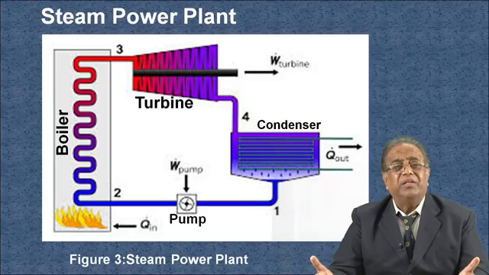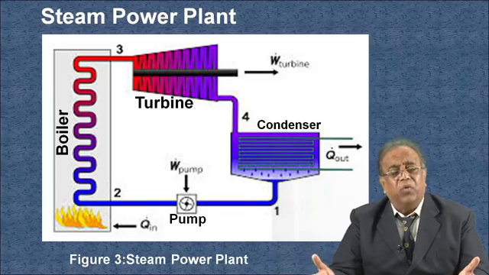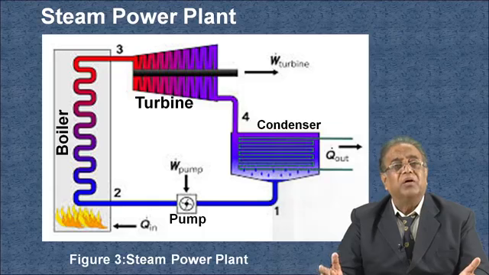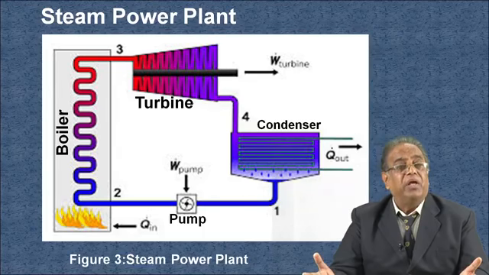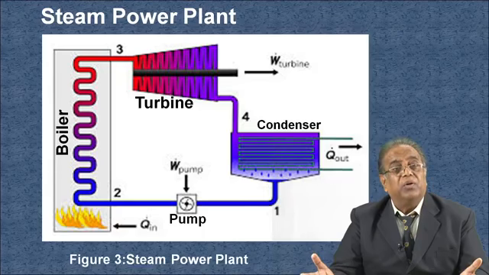Here you see that cold water is circulating through the pipes inside the condenser, and heat will always flow from a high temperature region to a low temperature region. So in this case the heat is being transferred from the low pressure, low temperature steam to the circulating water.